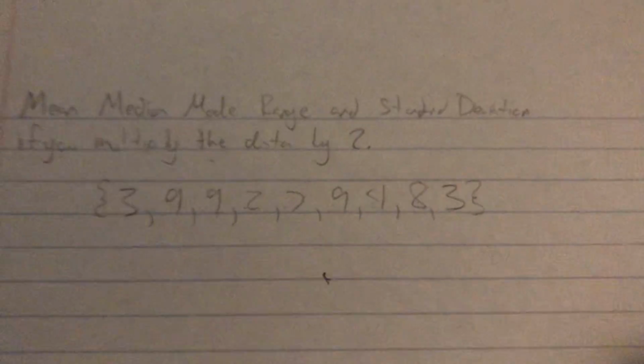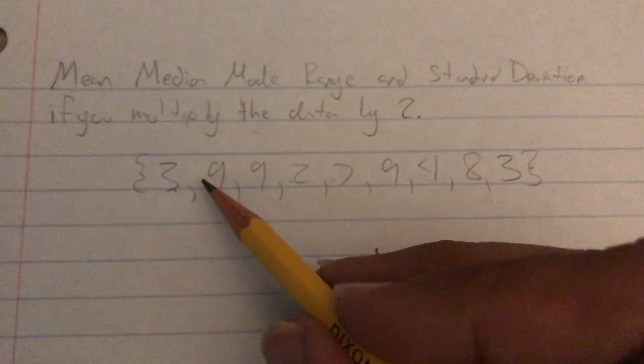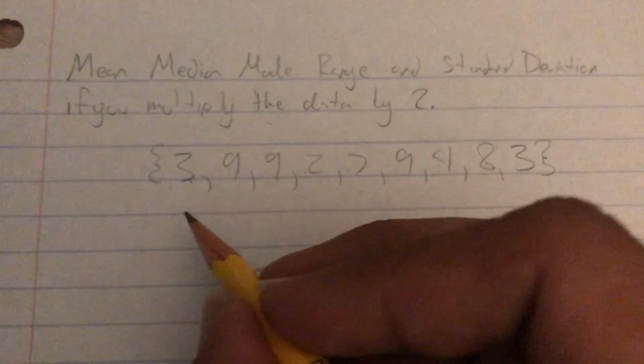Now let's do the mean, median, mode, and range of this data. Let's actually put it in order first.